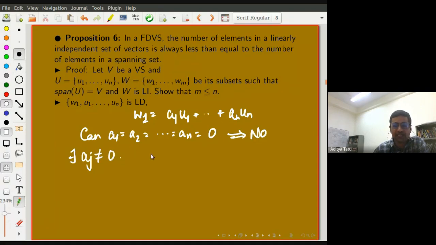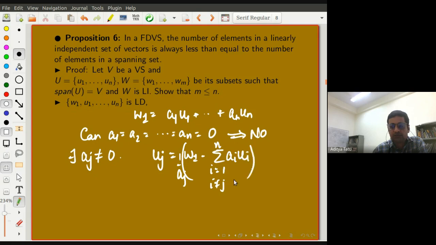In that case, I can write u_j as a linear combination of the remaining elements, the u_i for i from 1 to n, i not equal to j, and w1. Agree?